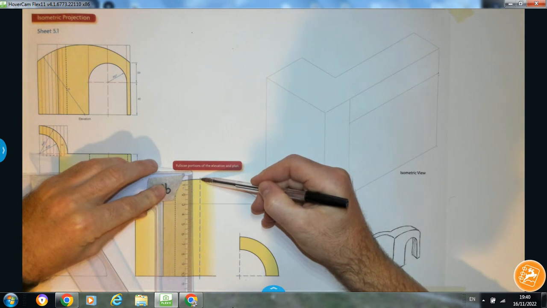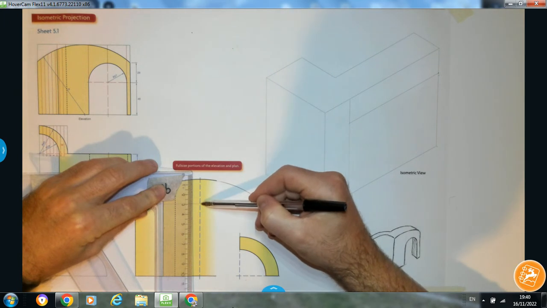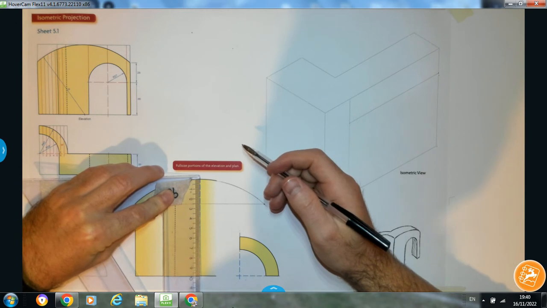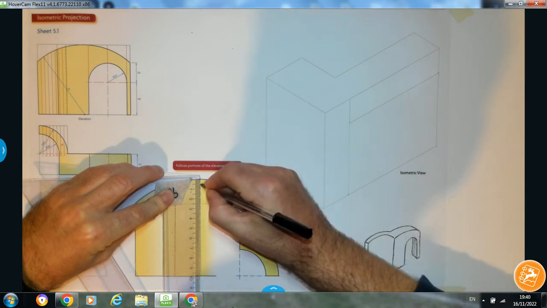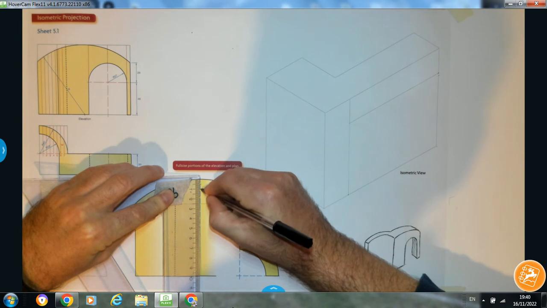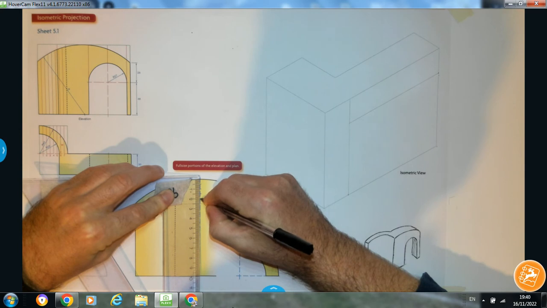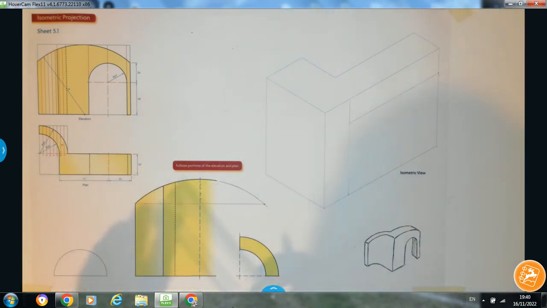So the height difference between the top of the arch down to this line here is 25. So I'm actually going to break it up in multiples of 5. So I'll just literally do 5, 10, 15, 20. Now obviously this one is 25 down.